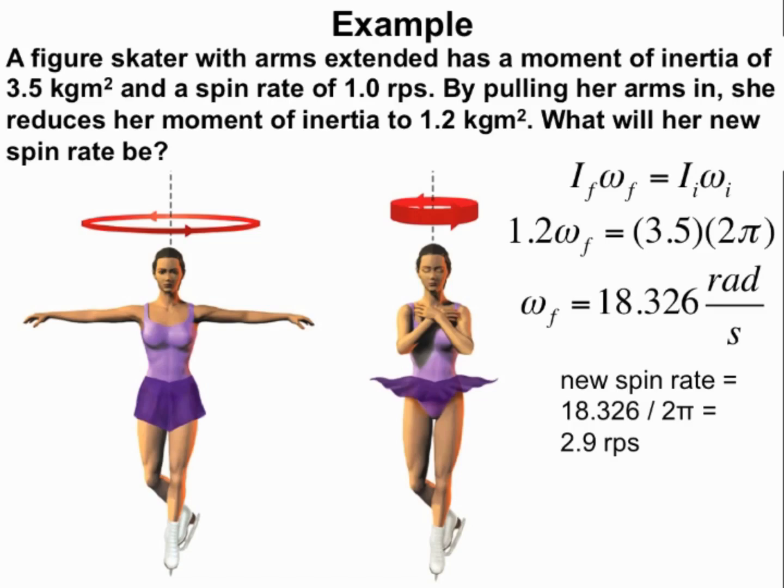That's her spin rate, 2.9 revolutions per second. So notice how, looking back to this problem, she has this initial big moment of inertia that becomes a small moment of inertia, and she has an initial small spin rate that becomes a big spin rate, 2.9 RPS, and therefore everything balances out and angular momentum is conserved.